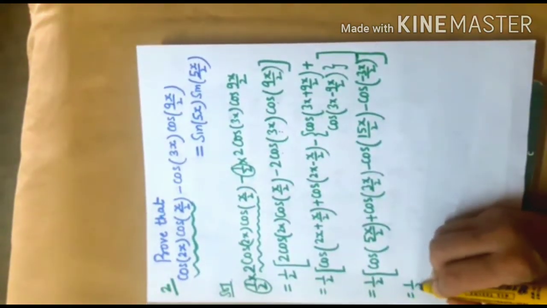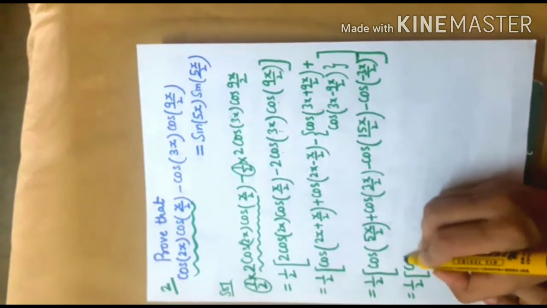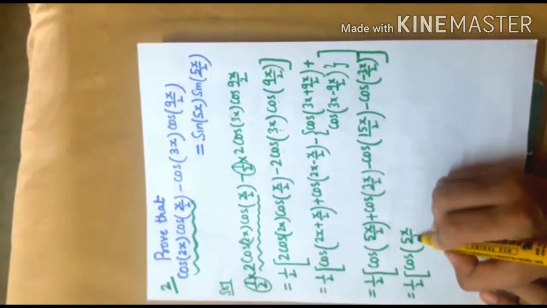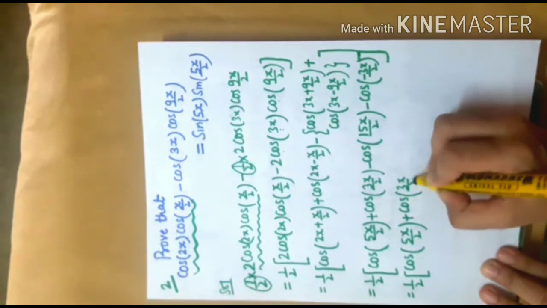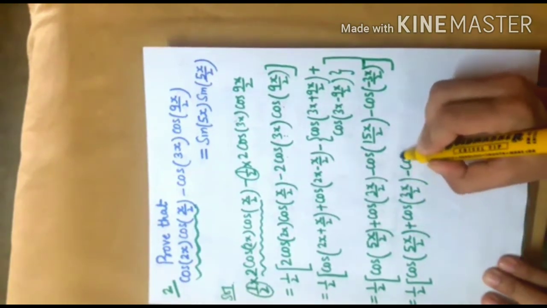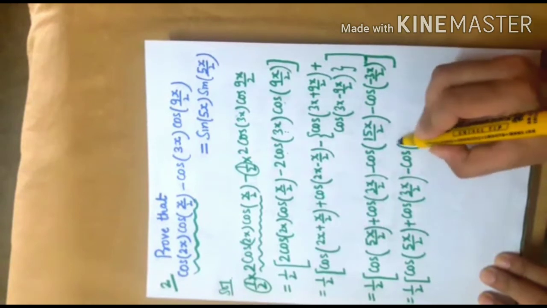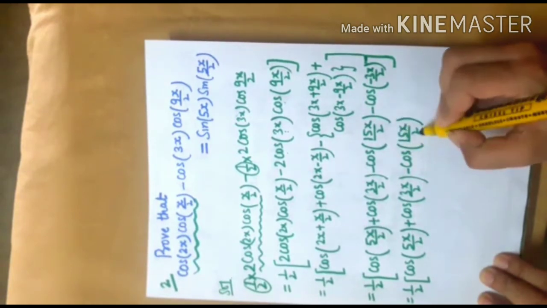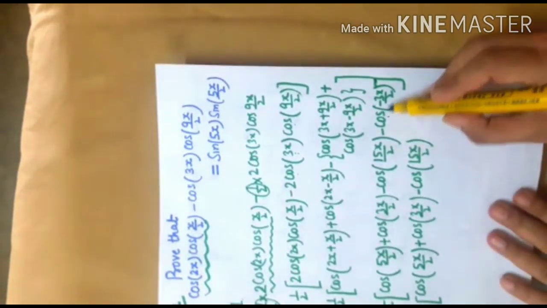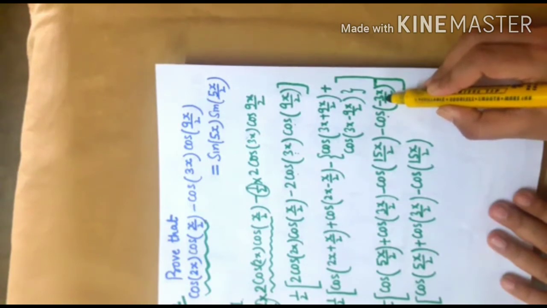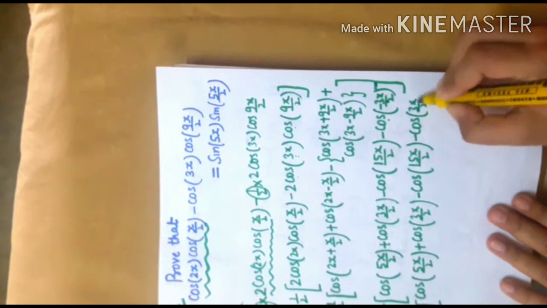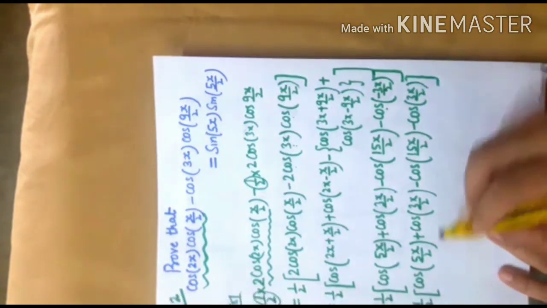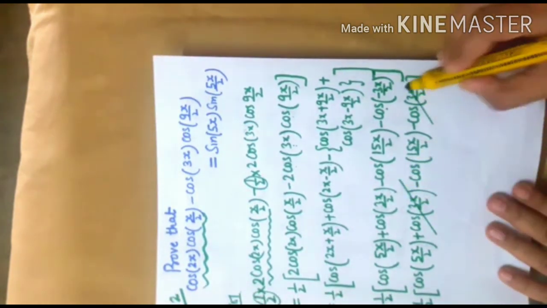So this is equal to half cos 5x by 2 plus cos 3x by 2 minus cos 15x by 2. And yes, cos of minus theta is equal to cos theta, so it will be same as cos 3x by 2, right? Now this will get cancelled out.